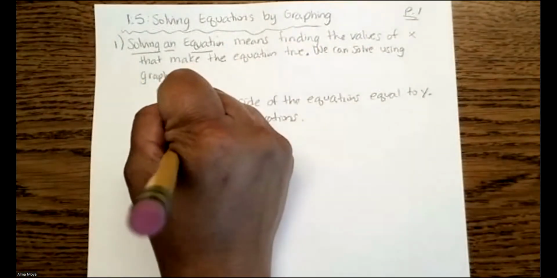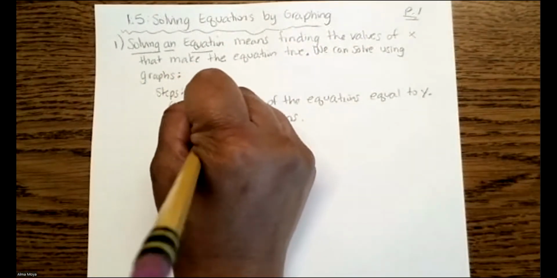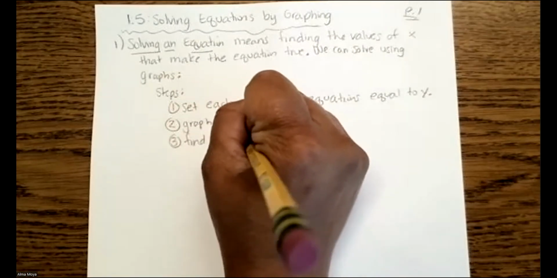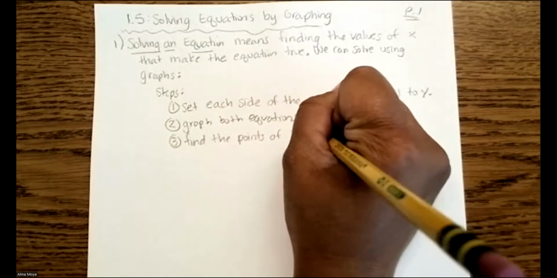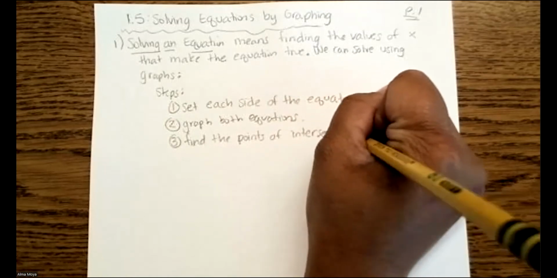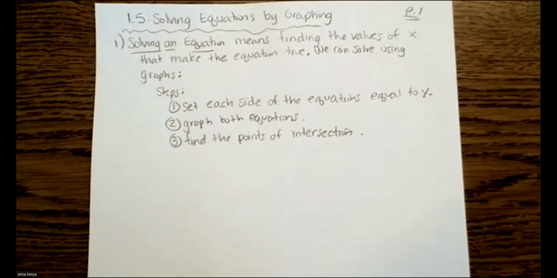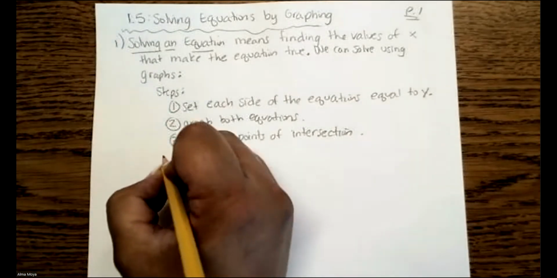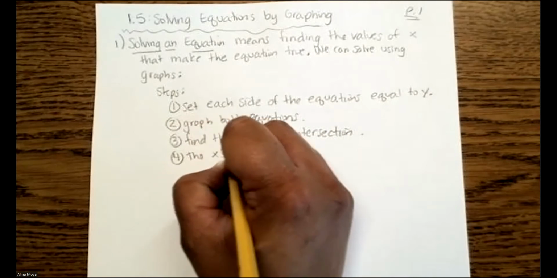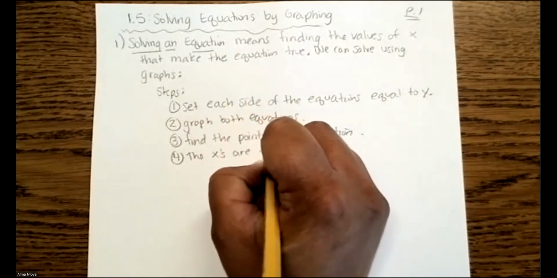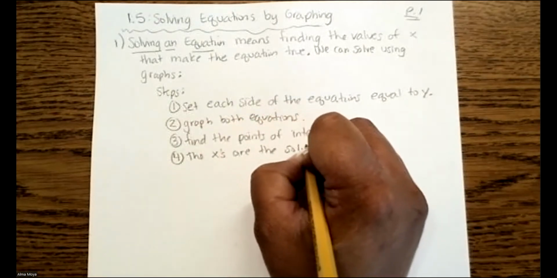And then we're going to find the points of intersection. Now, the x's are the solution.